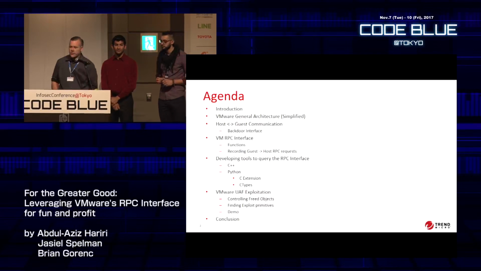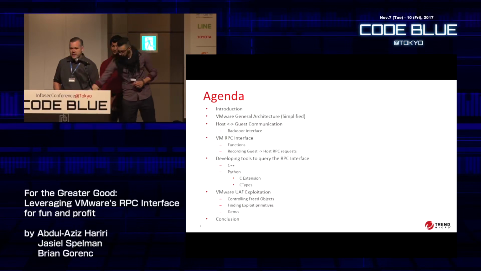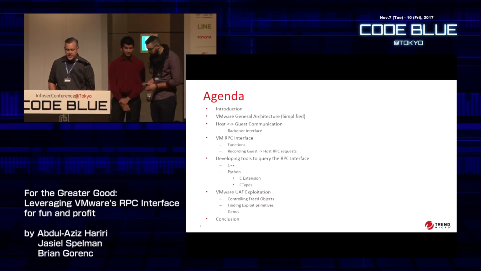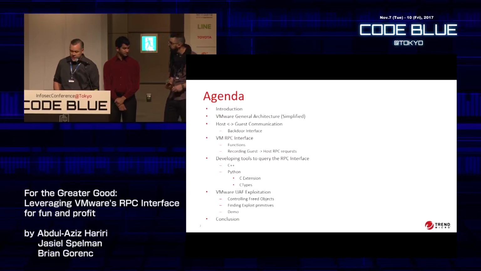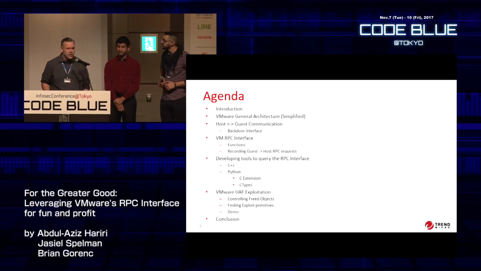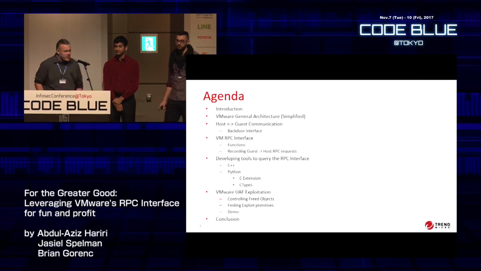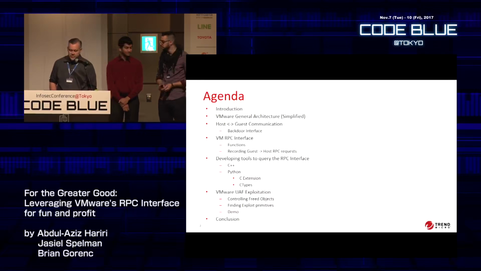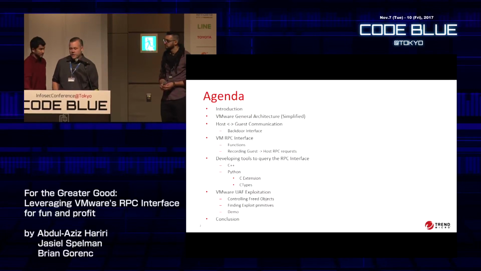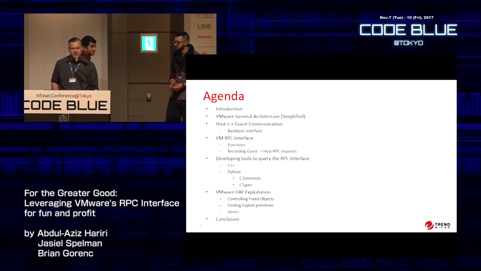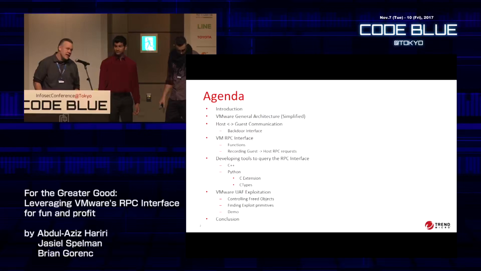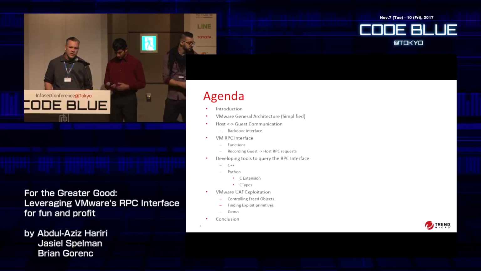We are going to go over the VMware RPC or remote procedure call interface, talk about how it functions, and how you go about actually triggering some of these RPC calls using your own code and by developing tools in C and C++ and Python. We're going to go over a little bit of how you would fuzz the RPC interfaces to find bugs, and then go over the art of exploitation of some of these vulnerabilities that exist in the RPC interface.